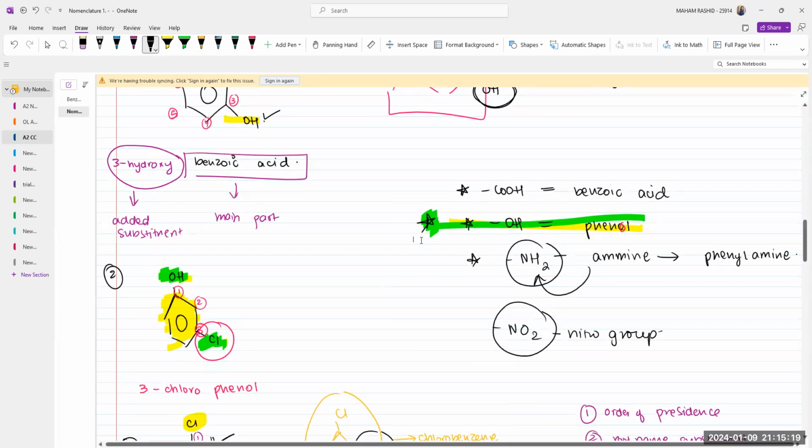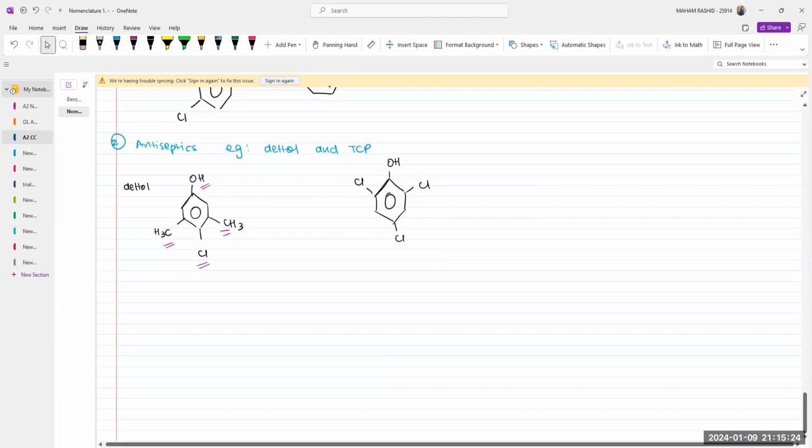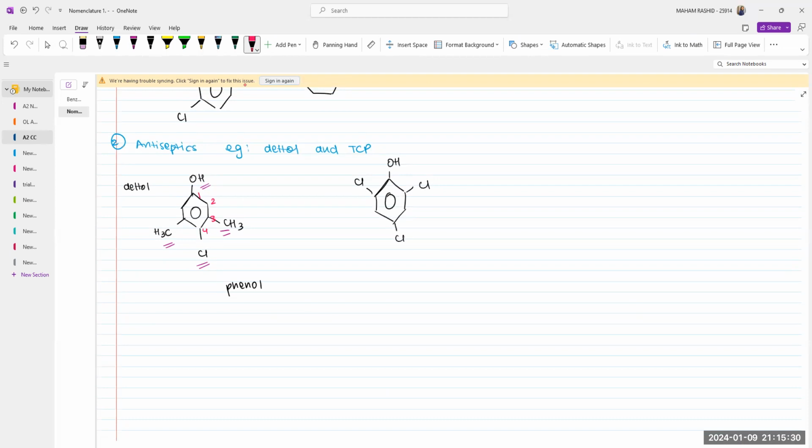Phenol. So let's go back and name it. The root name will be phenol, right? And let's number it 5 and 6. Your methyl group is on the 3rd and the 5th positions, and your chlorine is on the 4th position, right? Now, how do you know if you need to mention chlorine first or methyl first?